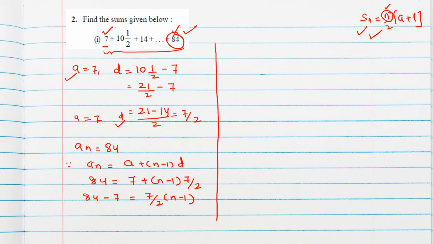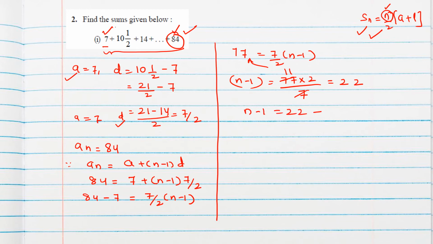This will give 77 equal to 7/2 into n minus 1. So n minus 1, the 2 will go up in the numerator and 7 will come in the denominator. The answer will be 22. So n minus 1 equals 22, that means n equals 22 plus 1, that is 23.